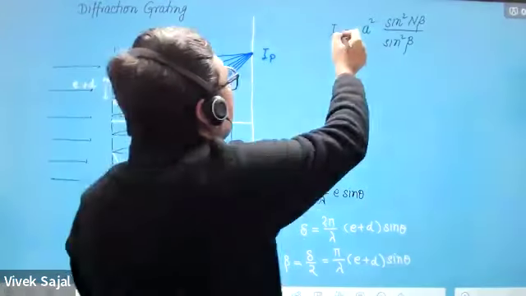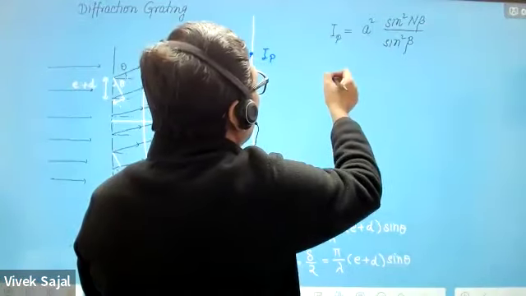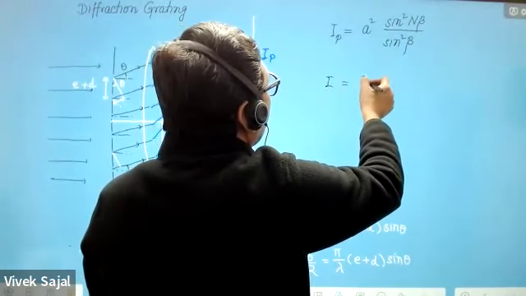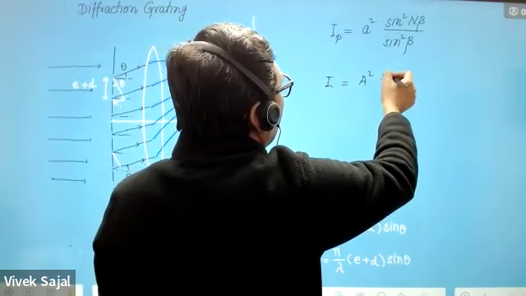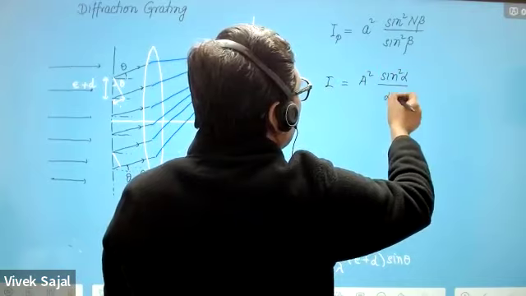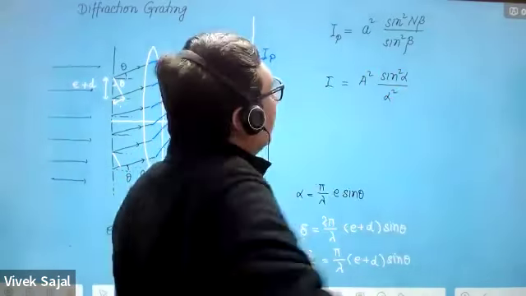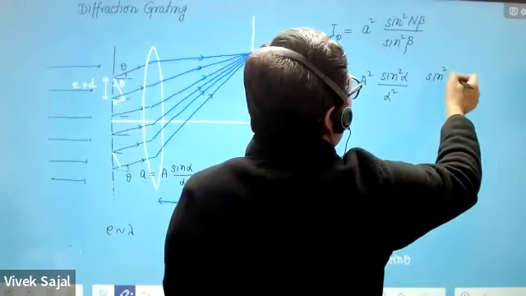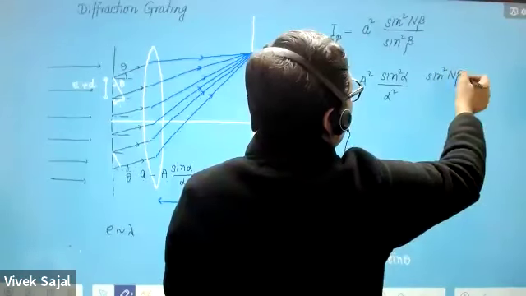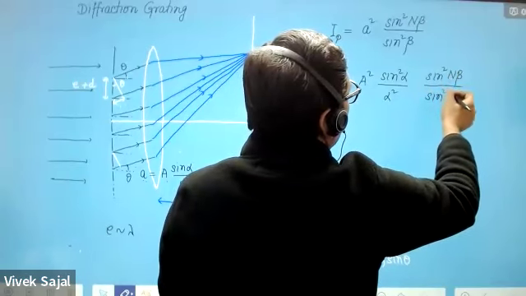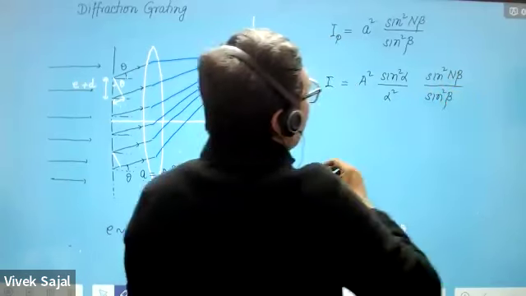So the intensity at this arbitrary point P, I, will be A squared sine squared alpha upon alpha squared. This is amplitude squared, into this factor sine squared n beta divided by sine squared beta.